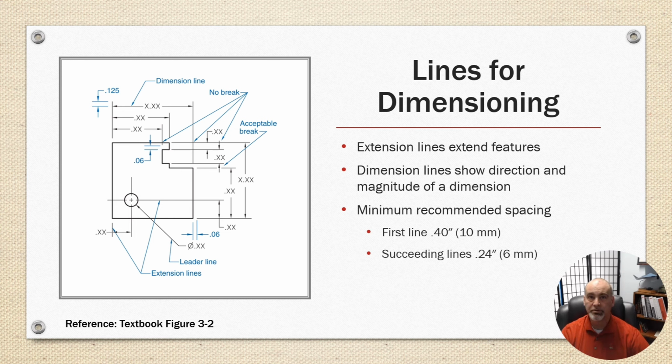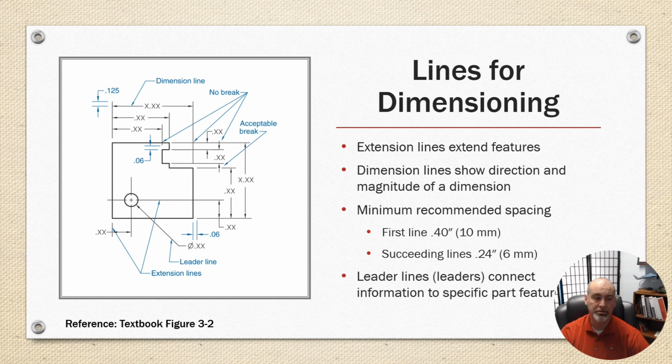Each subsequent line needs to be 0.24 or 240 thousandths, or 6 millimeters, away from the nearest dimension. Leader lines connect information to specific part features.